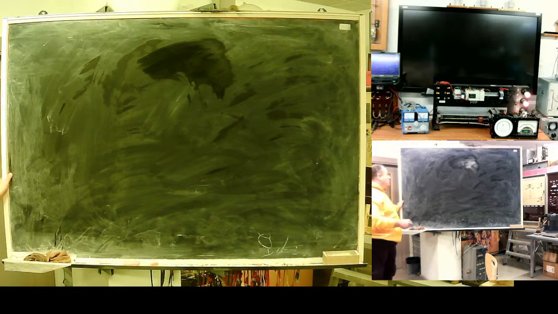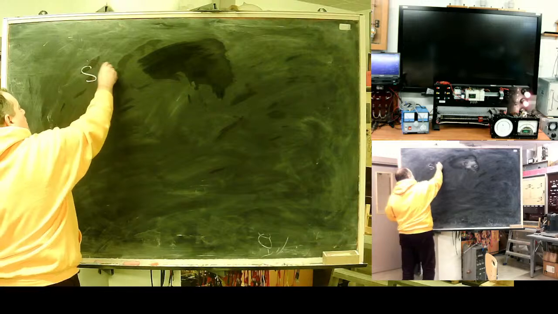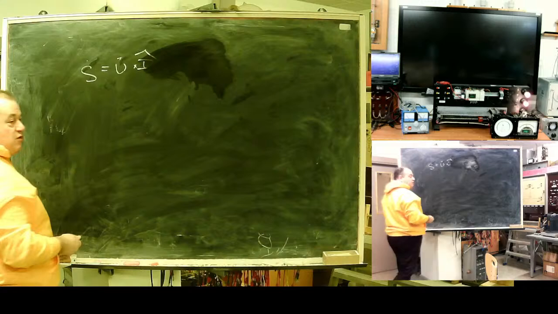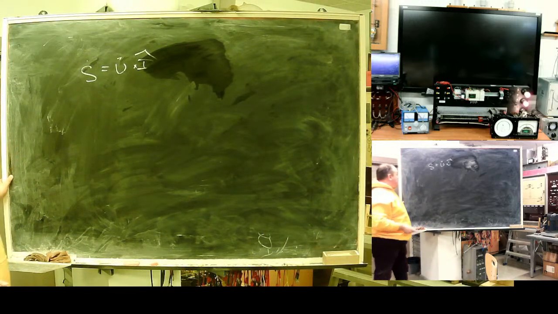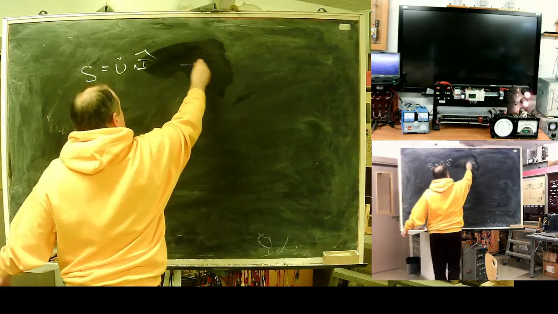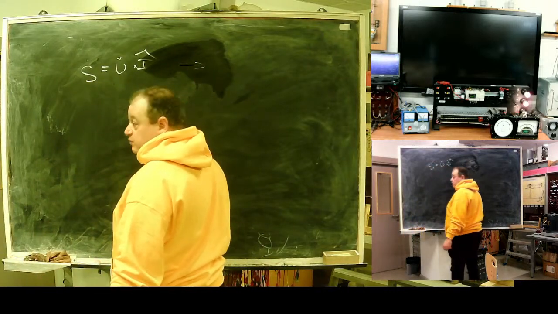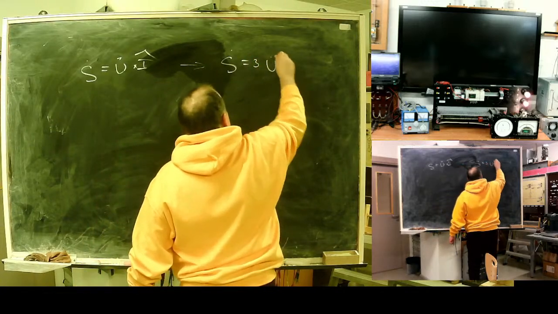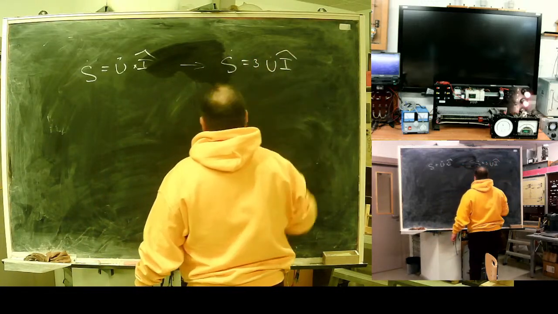I need some approach. First, power is voltage multiplied by conjugated current for single phase. In case we have three phase, we deal with a polyphase network. In a three phase network, power will be three voltage conjugated current.